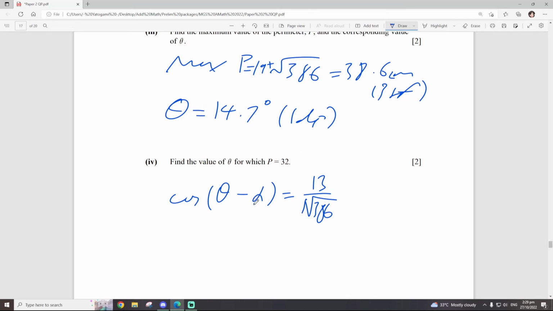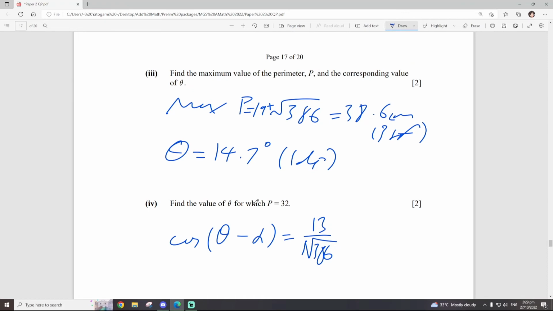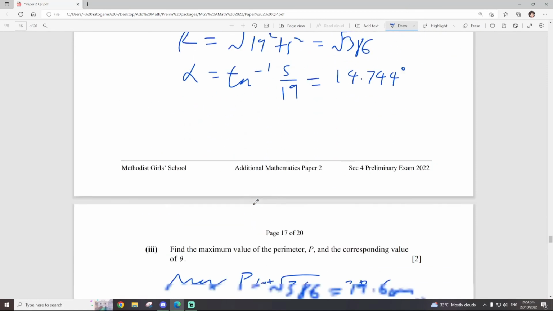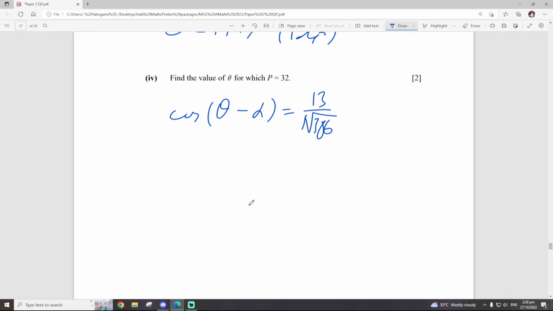So because for cosine inverse to be positive, theta can be in the first or second quadrant. So this is actually plus minus, theta minus alpha can be 48.572 degrees.